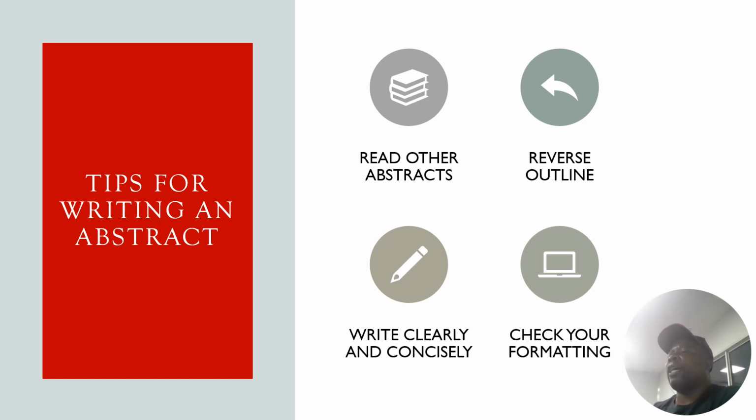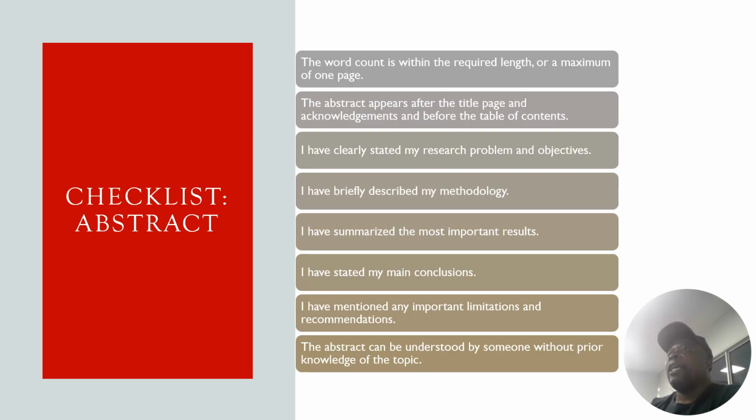I don't want you to describe things in detail in your abstract because you don't have the time to do that. Also, you need to check your formatting. The formatting in your abstract must be the same as the formatting in the rest of your work, or in your thesis. Then this is actually the checklist of what you need to do after writing your abstract.